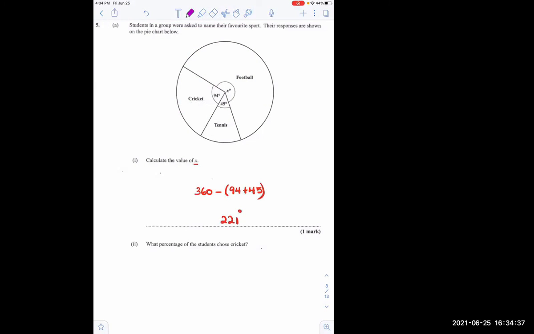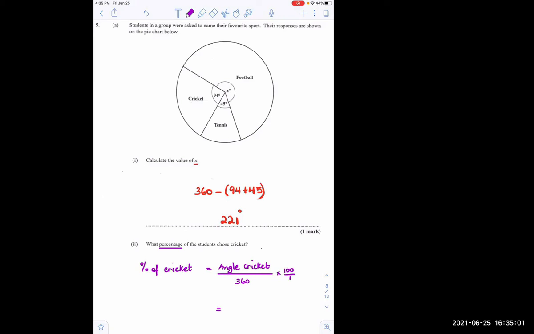Yes, that is correct. The percentage of students who chose cricket, and they're asking for percentage, right? So it is the angle representing cricket over 360 multiplied by 100 over 1.